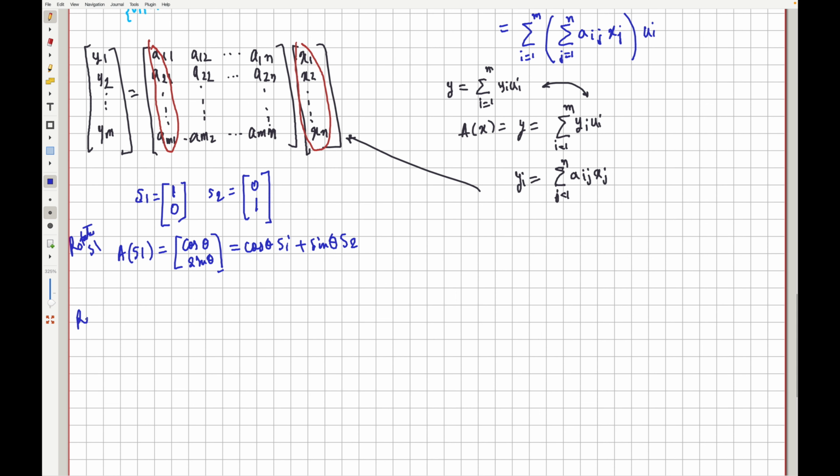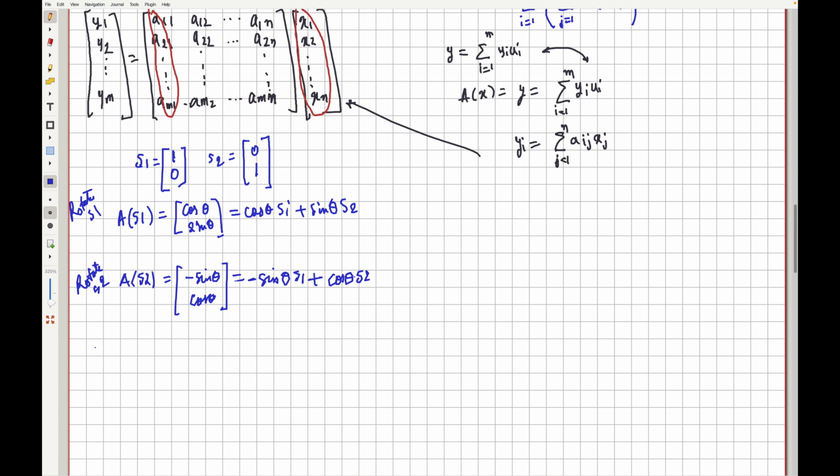A S2 is equal to (minus sine theta, cos theta), which is minus sine theta S1 plus cos theta S2.